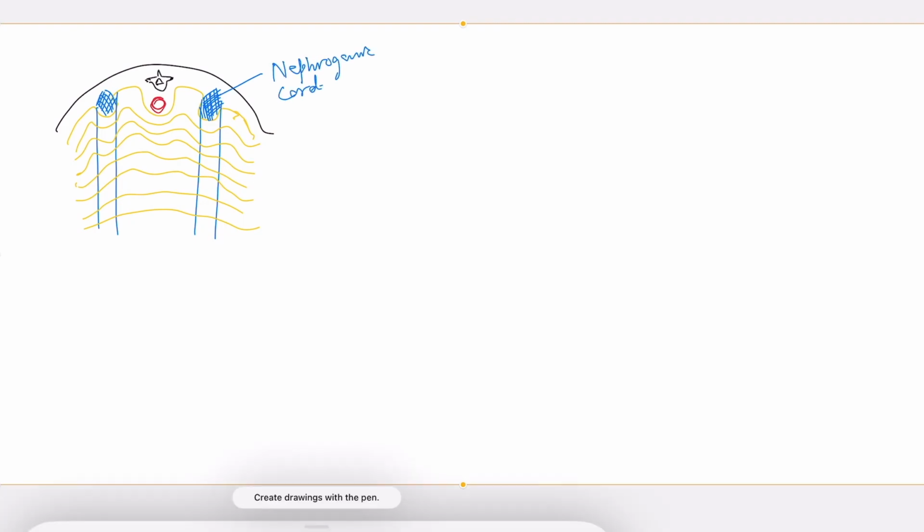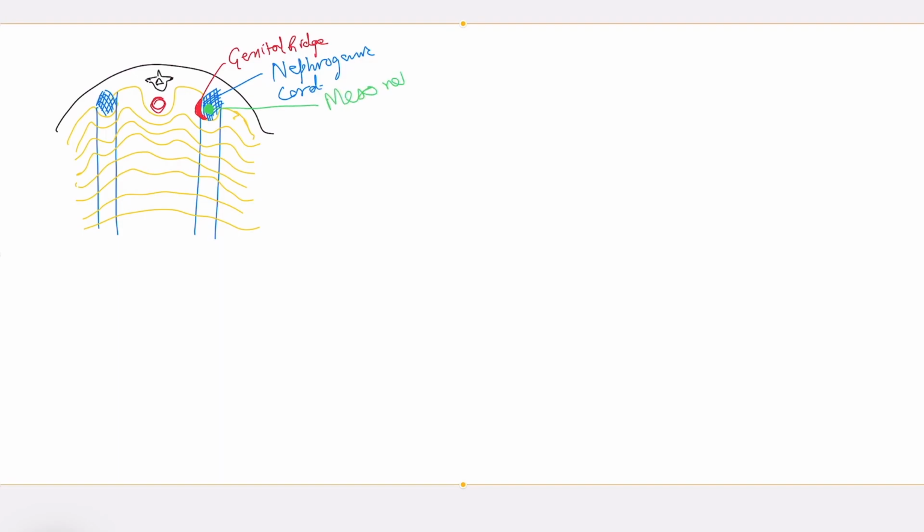Now this nephrogenic cord develops into three tubes. Most medially it thickens to form the genital ridge in the lumbar region, and that forms the future gonads. Then there develops another duct, and that is called mesonephric duct.